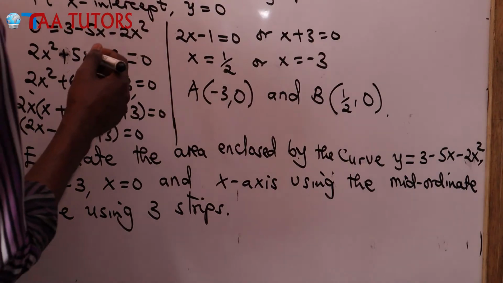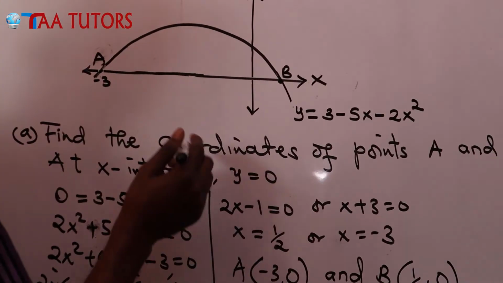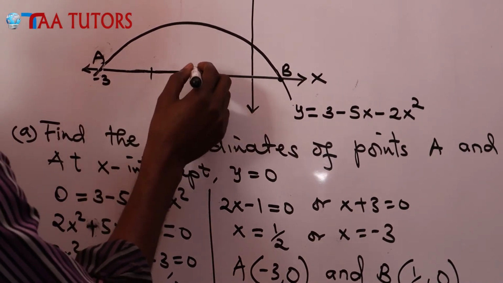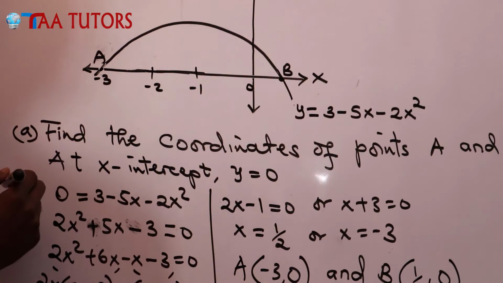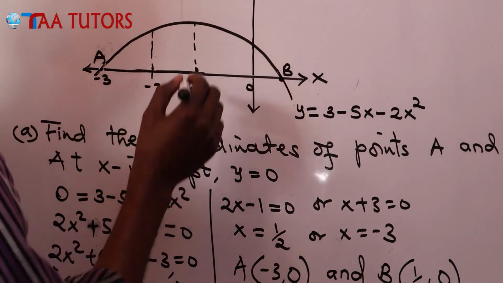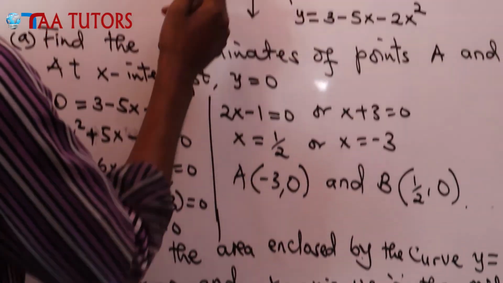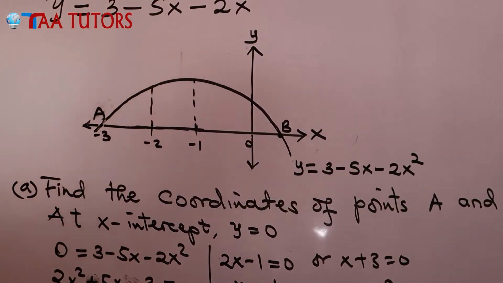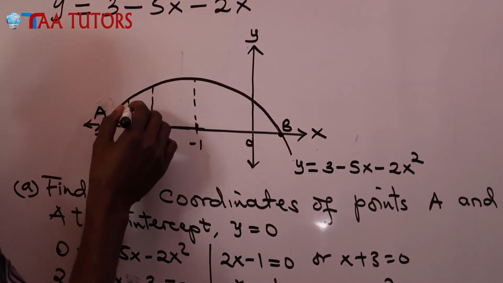So from negative 3, we can divide here into negative 2, negative 1, 0. We want 3 strips from x equals negative 3 to x equals 0, that's 1, 2, 3. Because we're using the mid-ordinate rule, the mid-ordinates must be here for the strips.